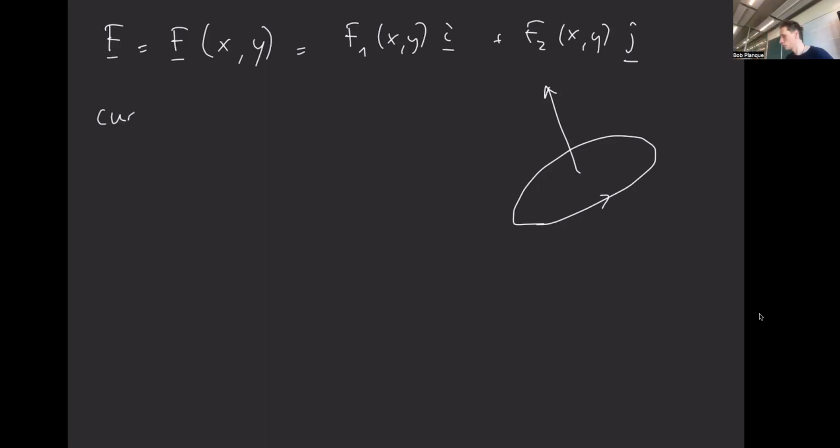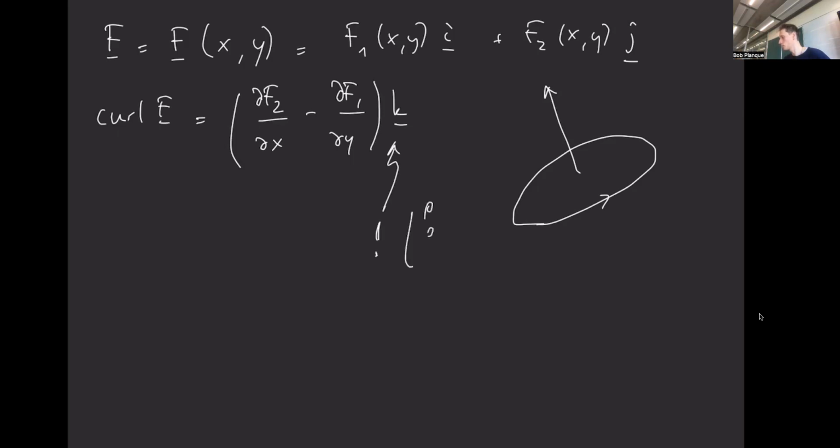So curl F for such a situation is the 2 by 2 determinant that you would find, df2/dx minus df1/dy. This is a value, but now you multiply it with the remaining vector, namely k, which is the z direction. So f itself lives in the plane, in the ij or xy direction, and the curl is still a vector, but orthogonal to the plane.